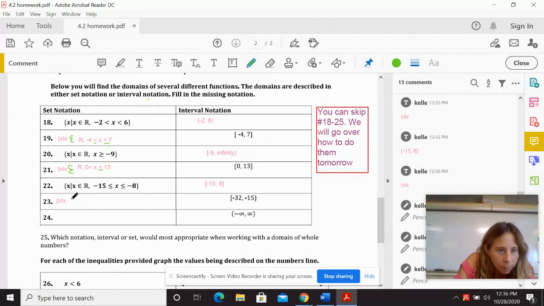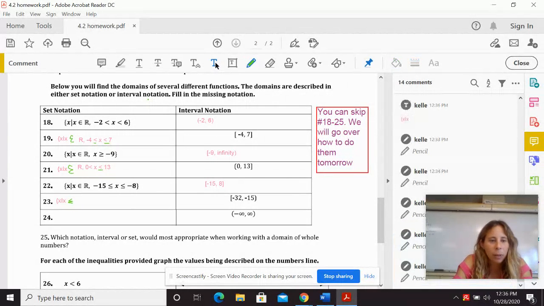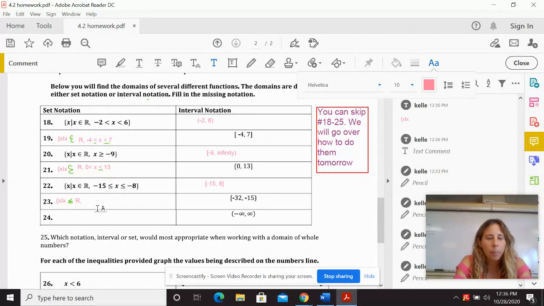Set of all real numbers between -32 and -15. -32 has a bracket, so x is greater than or equal to -32, and it's less than -15.